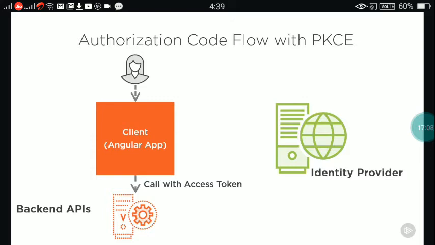So as you can see, there's a lot going on there that you wouldn't want to have to code up yourself. As you'll see in the demos, getting this all working with OIDC client is very simple and straightforward.